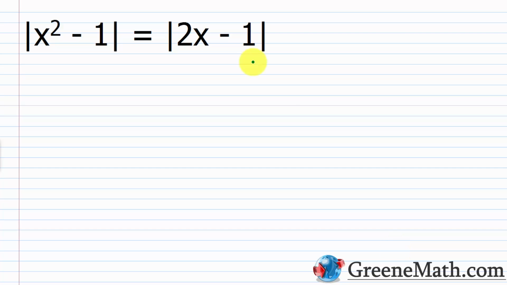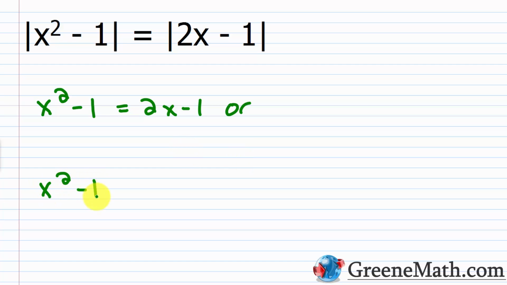So for this scenario, you're going to set up another compound equation with or. For the first case, you're just going to drop the absolute value bars. So I'm just going to say that x squared minus 1 is equal to 2x minus 1. Then for the second case, I'm going to drop the absolute value bars. So I'm going to say x squared minus 1 is equal to 2x minus 1.